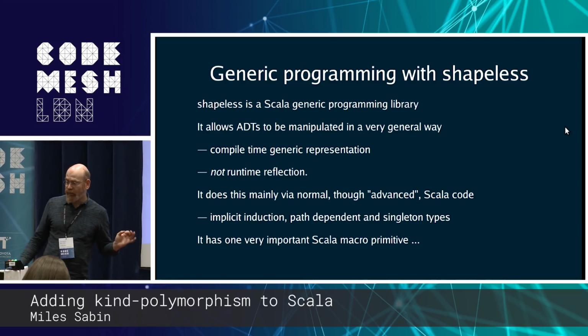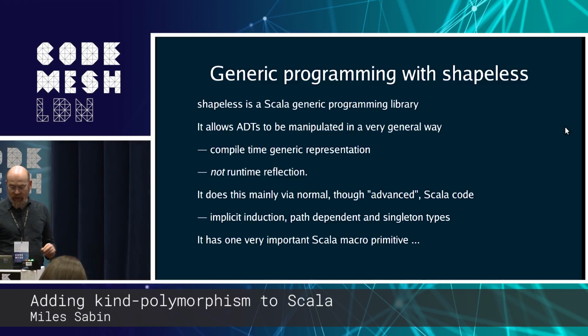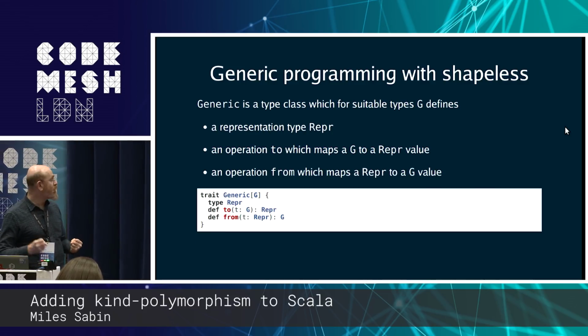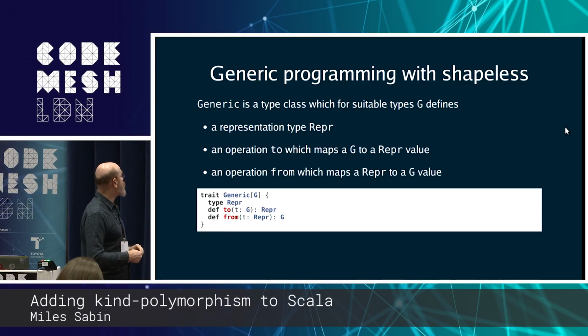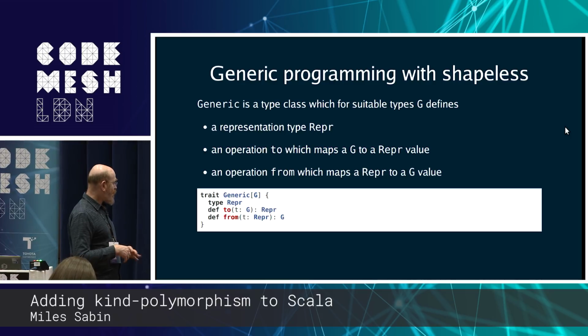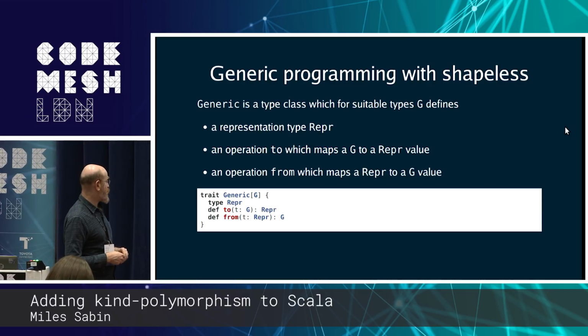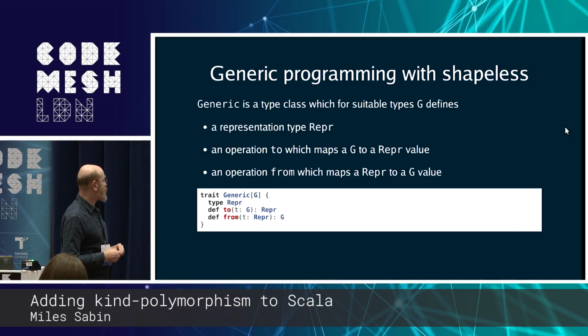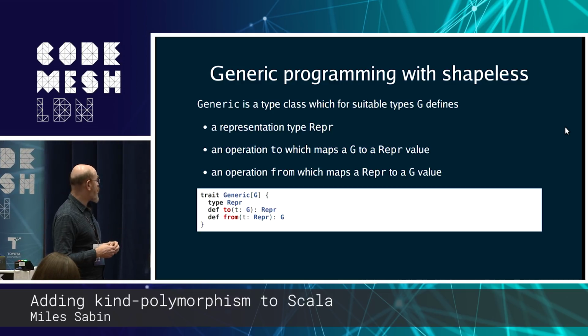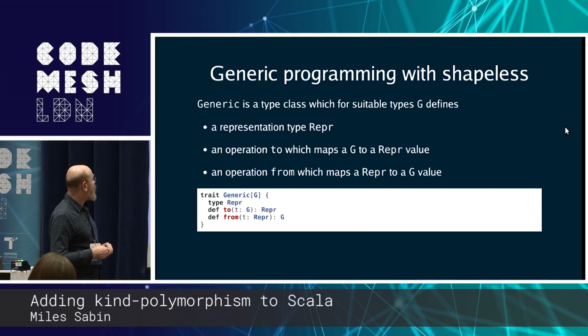It has a few Scala primitives which are written as Scala macros, and for the purposes of this talk, the main one we need to talk about here is the Generic type class. The Generic type class itself is simply a standard Scala encoding of a type class, a trait indexed by a type parameter.